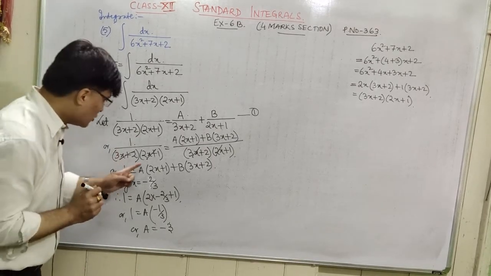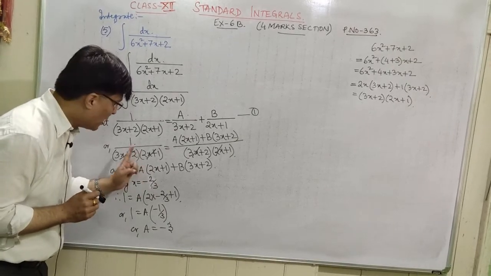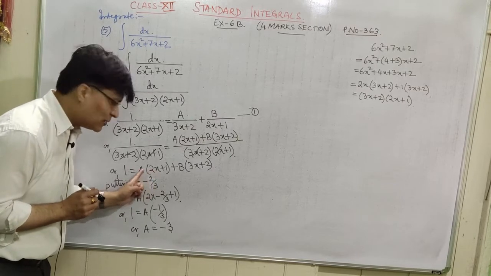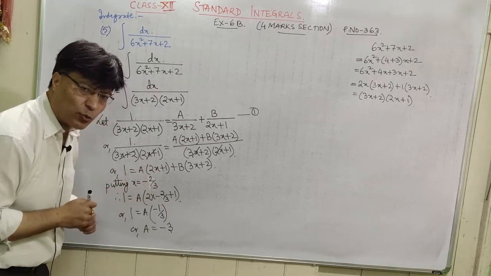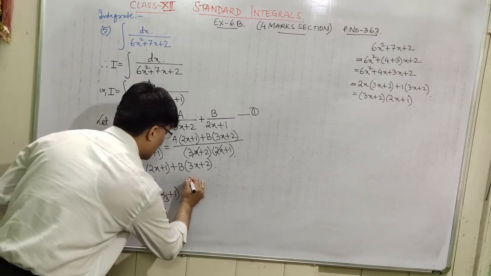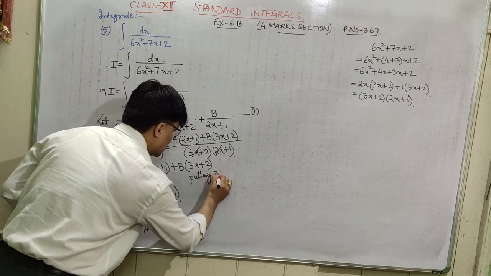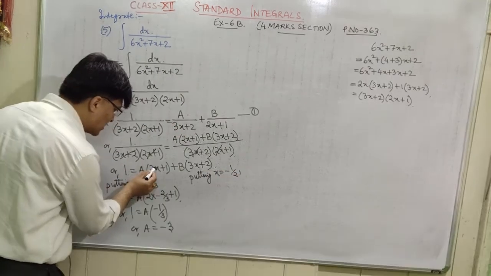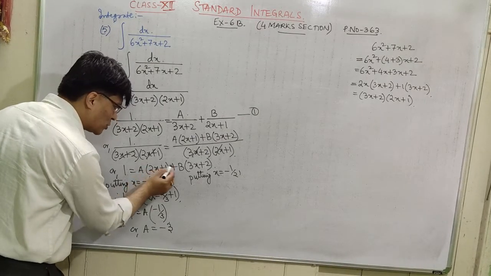So now in order to get the value for B, you have to make the first term 0 by putting some value of x. What is the value for x here, so that the first term, A, will be 0? x is equal to minus 1 upon 2. So putting x is equal to minus 1 upon 2, the 2 will be cancelled, minus 1 plus 1 is 0.